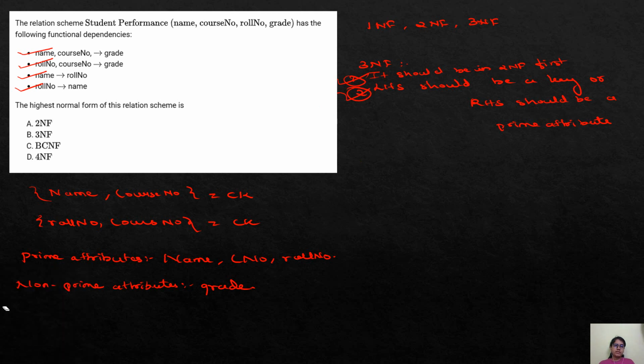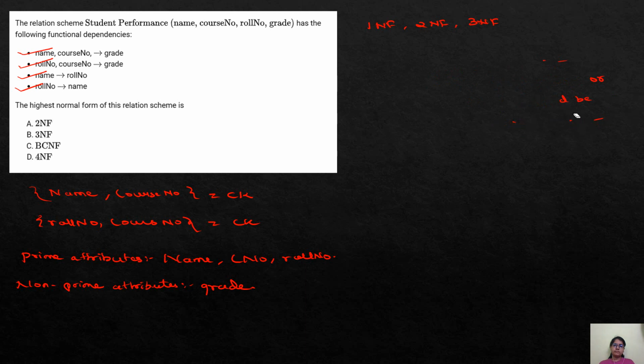Now let's check for BCNF, because an option BCNF is also given. And if it is following BCNF also, then we will check for 4NF. So what is the property for BCNF? The mandatory property for BCNF is that LHS should be a key.